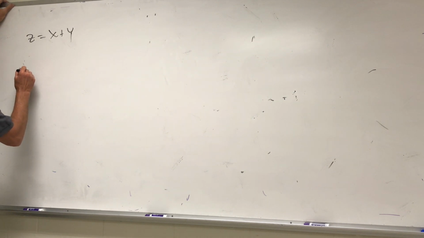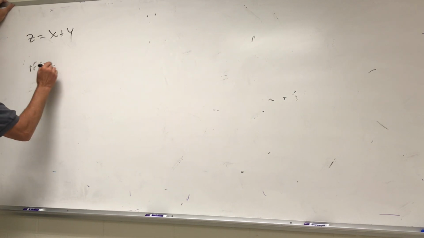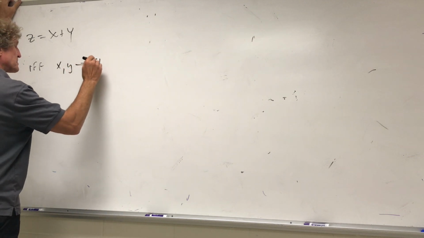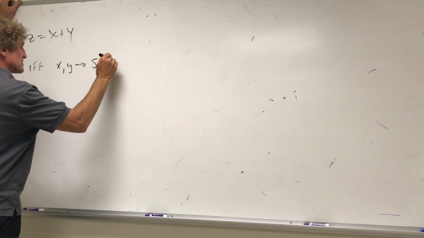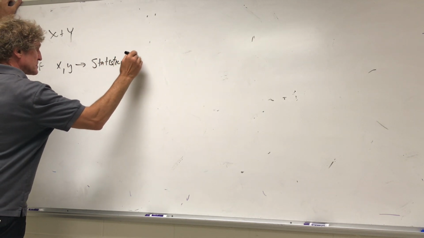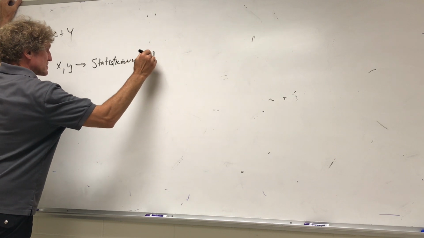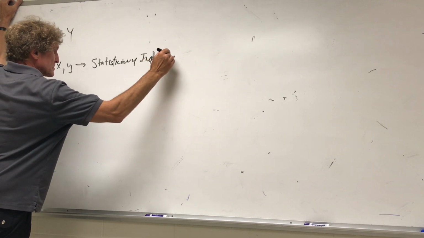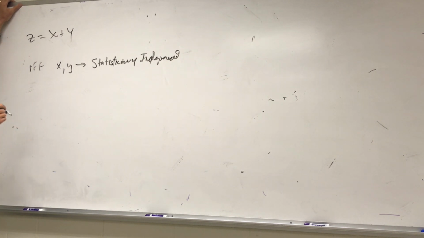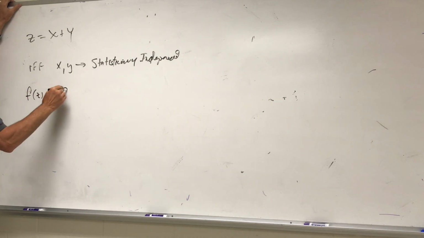If and only if x and y are statistically independent, then we can do this. We want an f of z. That's our goal.